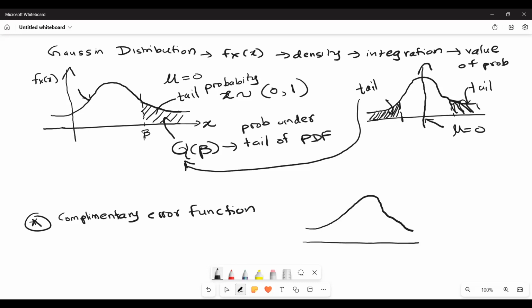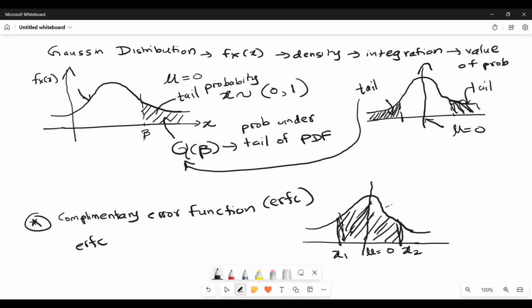If we have a Gaussian distribution with the mean value somewhere in the middle, and we want to do some integration between two points, then I have to use another function, which we call the complementary error function, or the ERFC function.